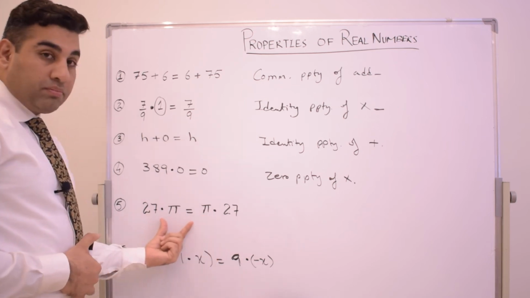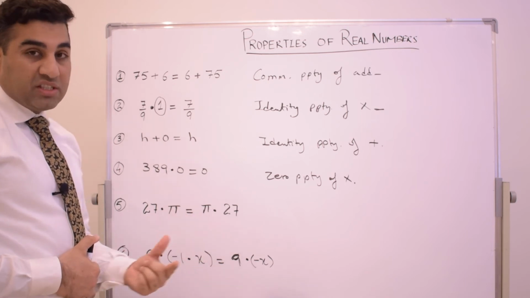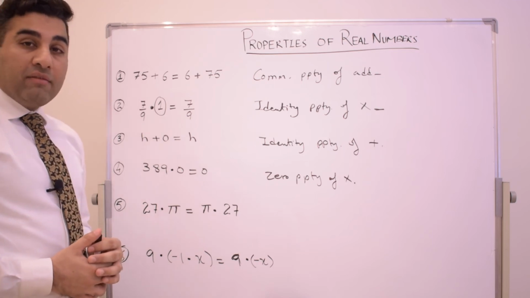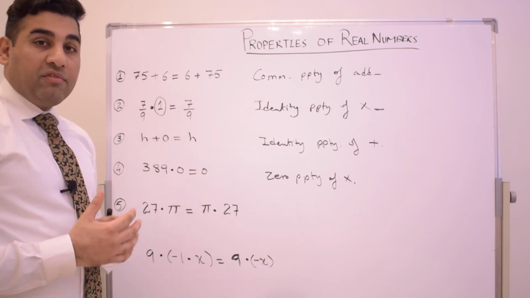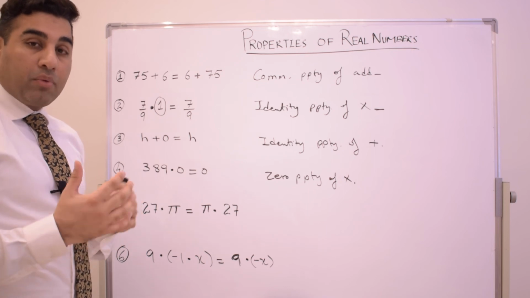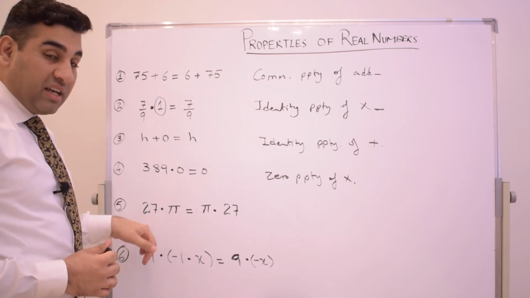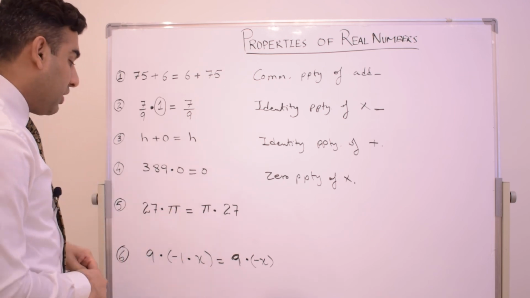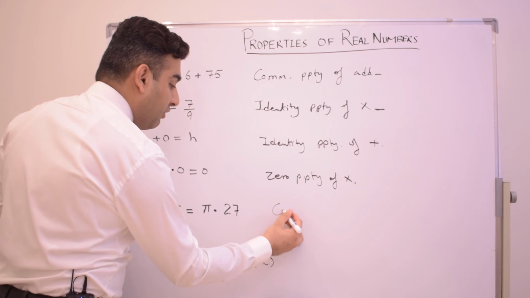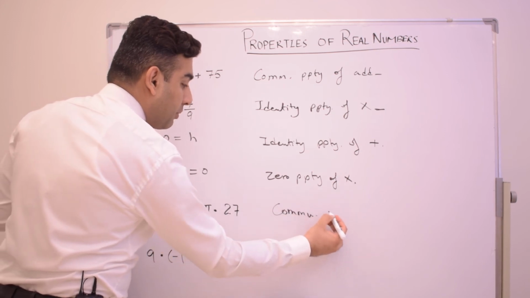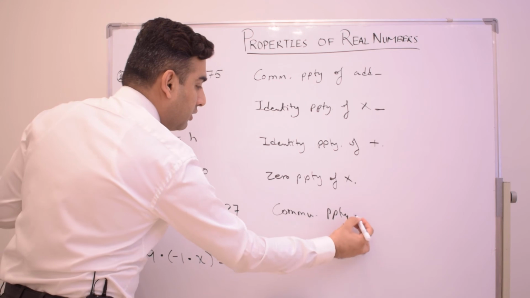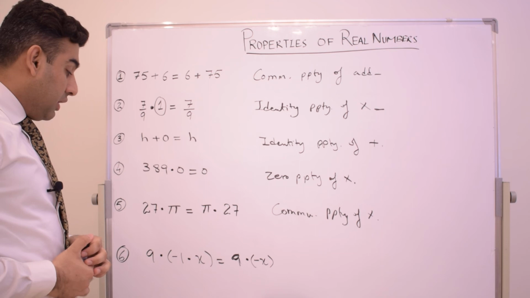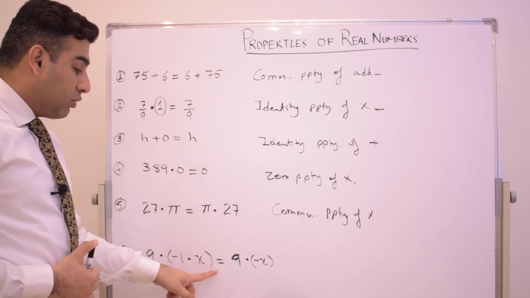In real number properties, whenever you multiply two real numbers and change their sides, the product remains the same. 27 times pi will be equal to pi times 27. Both results will be the same. So this property we call commutative property of multiplication.